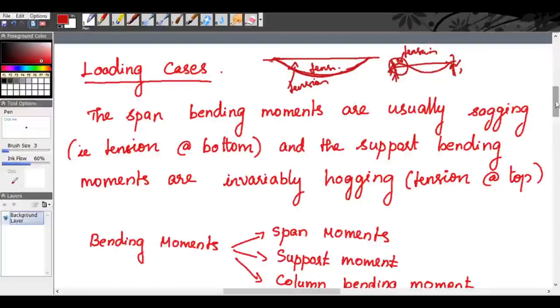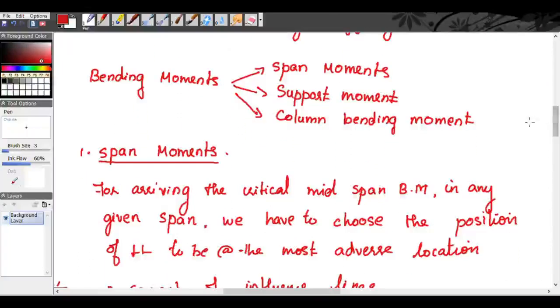And when we consider the bending moments, we consider three different types of moments. One is the span moment, the second is the support moment, and the third one is the column bending moment. Because when we take a multi-story, multi-bay framed structure, it is necessary to analyze the span moments.